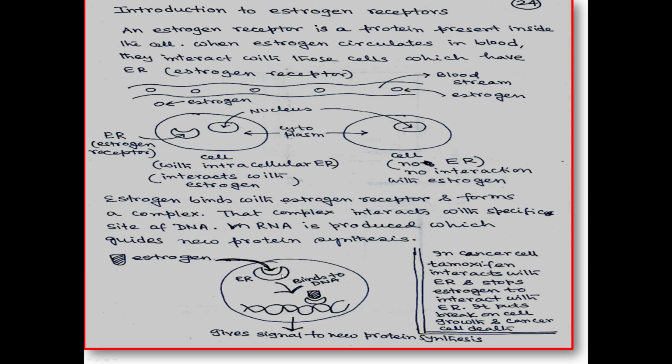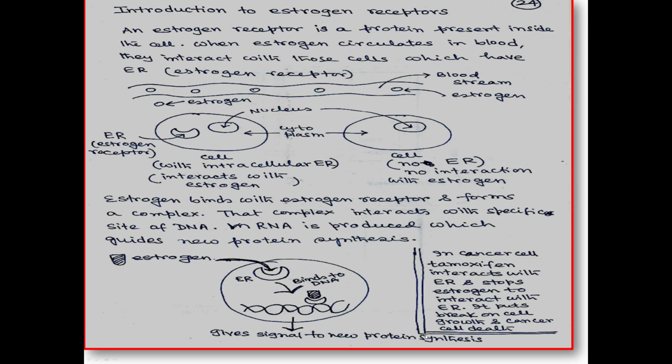Now take it for granted that this is happening in the healthy cell. For discussion purposes we are now taking the cancer cell. In the cancer cell, tamoxifen interacts with the estrogen receptor and stops estrogen from interacting with the estrogen receptor. So it puts a brake on the cell.